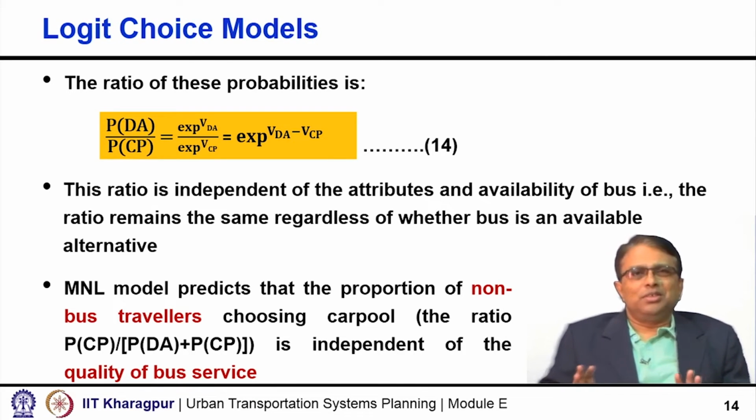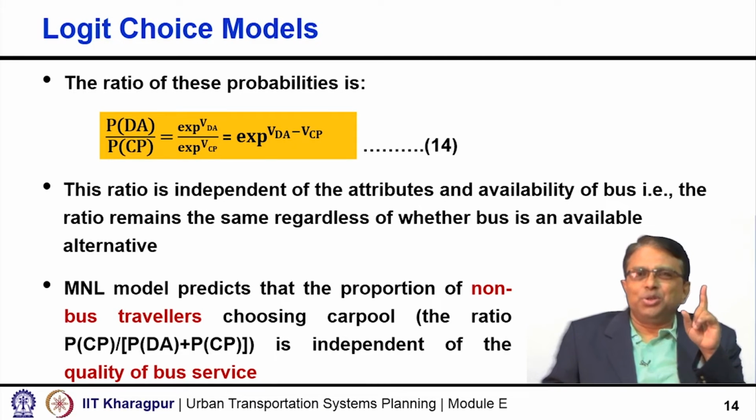Bus utility may go up, may go down, the probability of using different modes may change, but this ratio remains unchanged, because this ratio is not a function of the utility of bus.